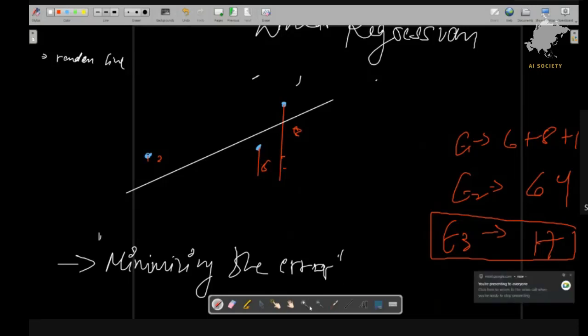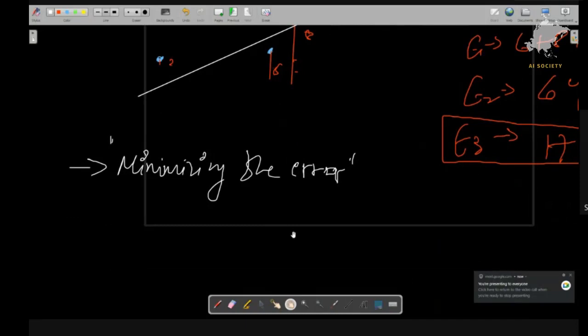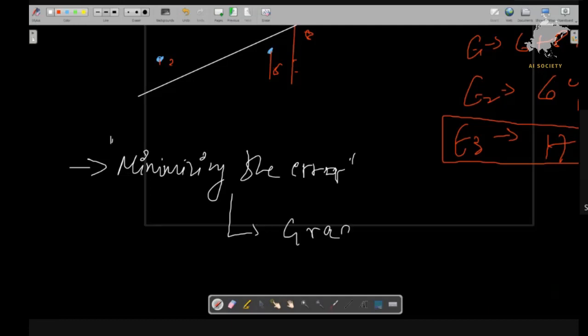Tell me what concept is being used here. If I say you have studied it already, try to relate it to what you have studied. The concept is gradient descent.